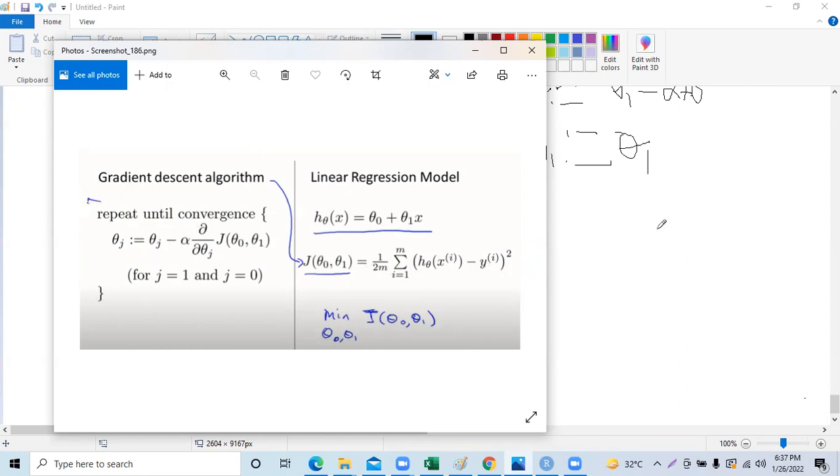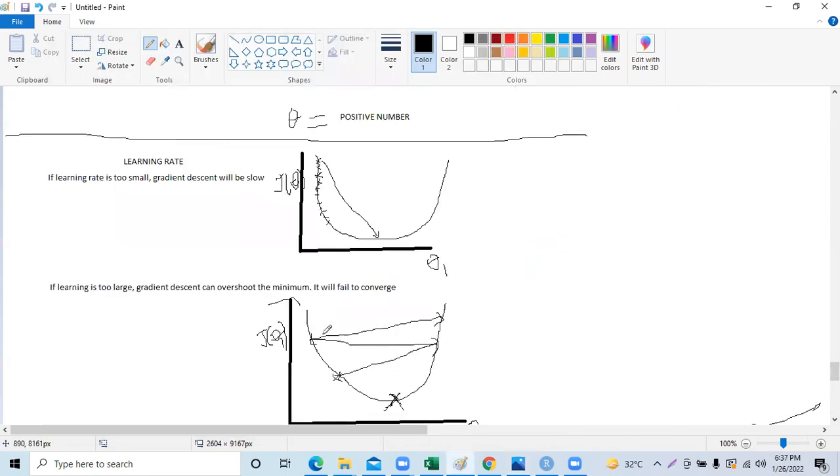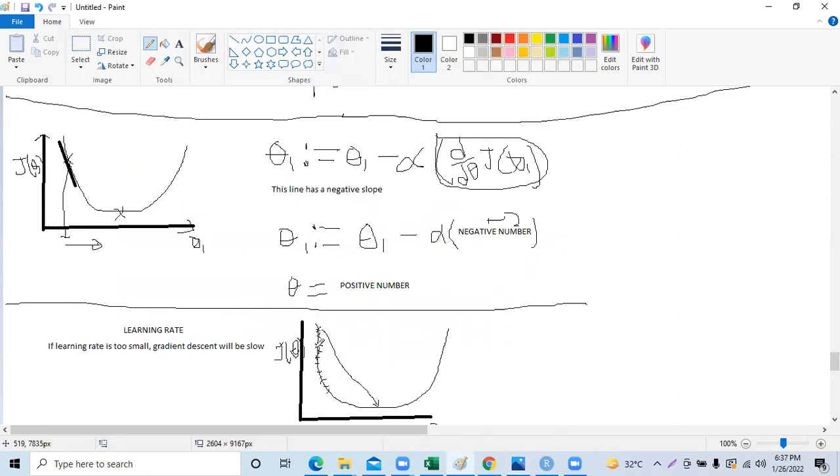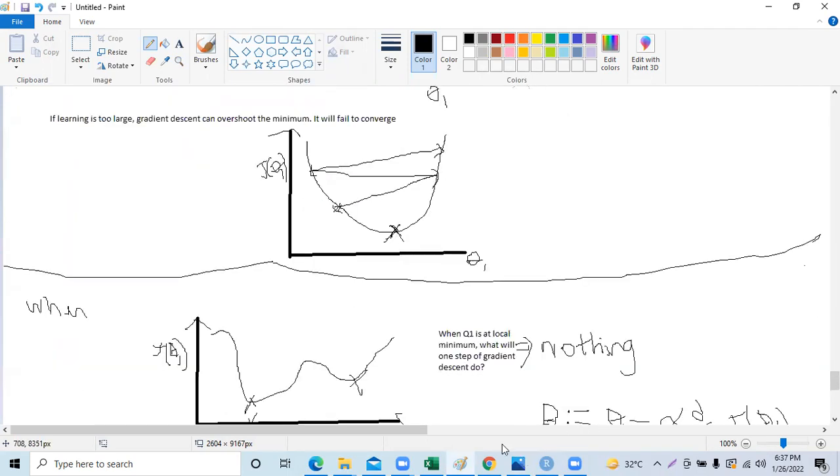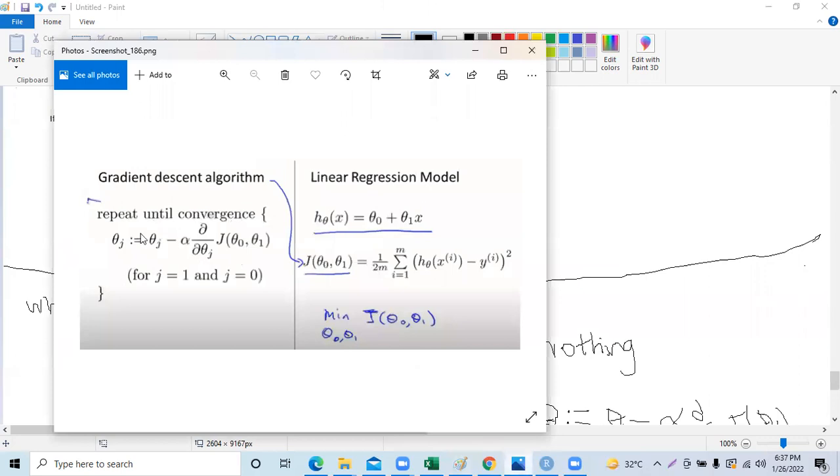You remember, this is what repeat until convergence means. Keep repeating until we get to convergence. We have theta j assigned to the former value of theta j minus the learning rate and the derivative of J of theta 0 and theta 1.